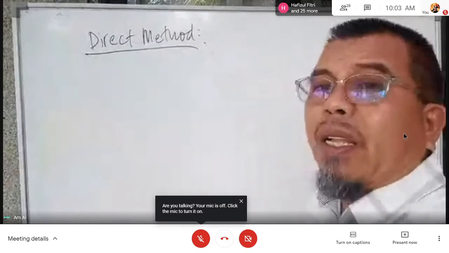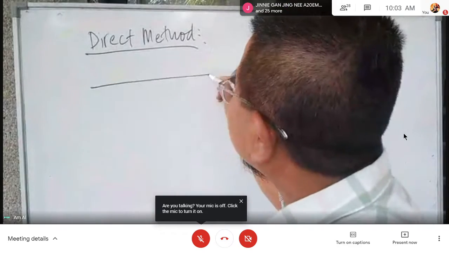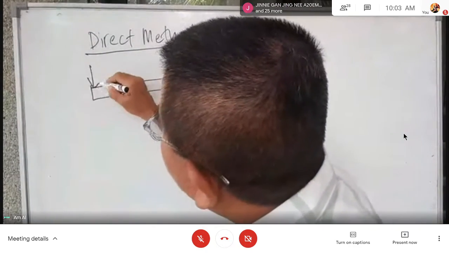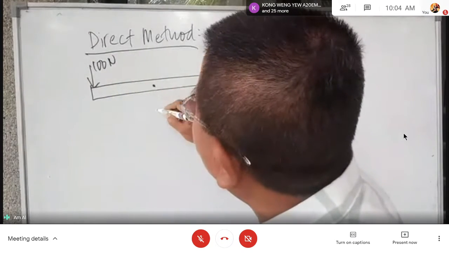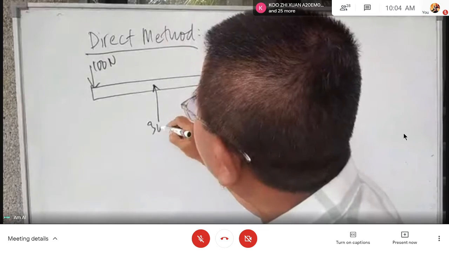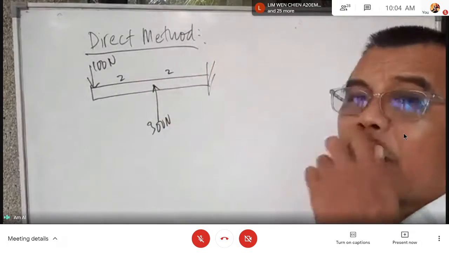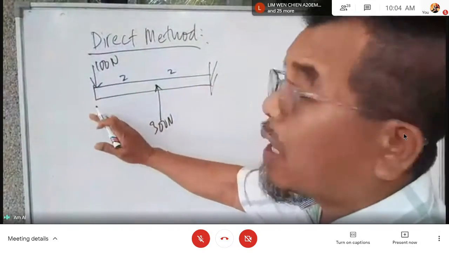So let us review the simplest one here. This is 100 Newton, and then we have a 300 Newton there, 2 meter, 2 meter there. I have a choice because this is already on the left here.